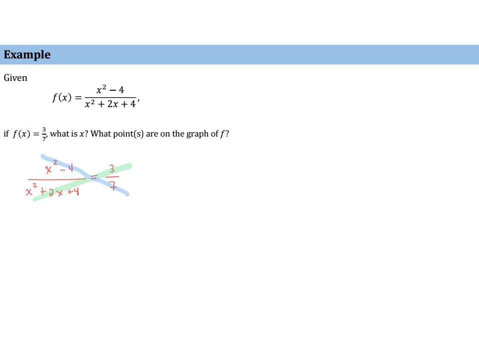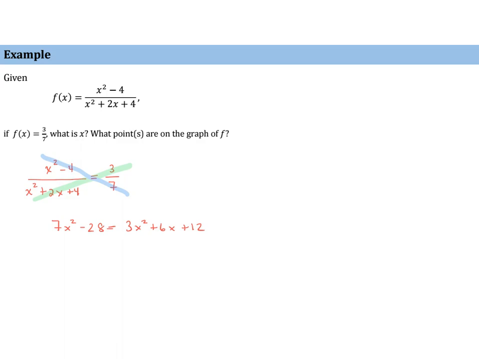So I can take x squared minus 4 times 7, and that gives us 7x squared minus 28 equals, we can multiply the 3 and the x squared plus 2x plus 4, and that will give us 3x squared plus 6x plus 12.